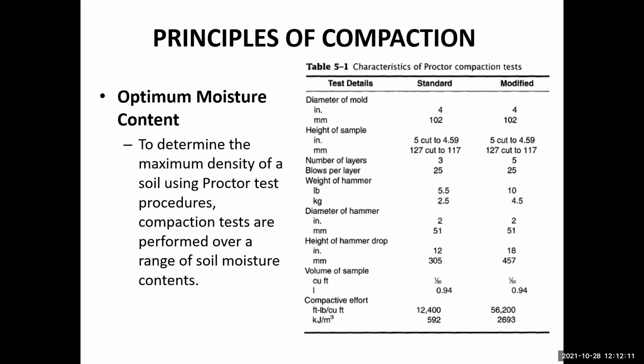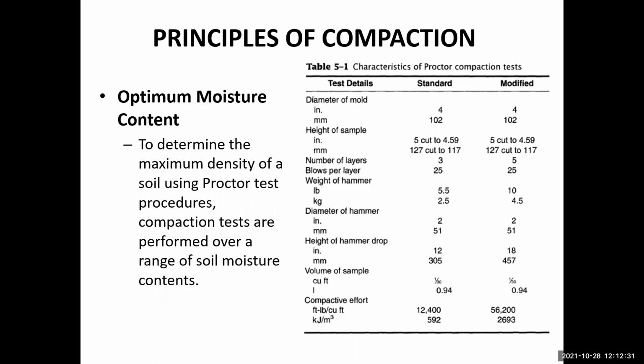So it has been found that if a soil is compacted, then the maximum amount of compaction which can be obtained depends on the moisture in that soil.